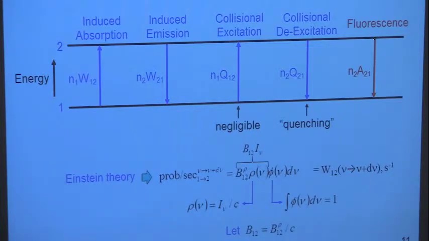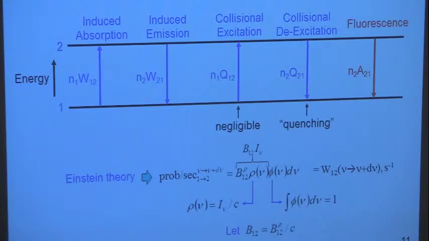So the number per second per unit volume is the number in 2 times the probability per second of this particular transition. Now going back to the Einstein theory, the probability per second, this W, if we integrate over the line, we call this W12.